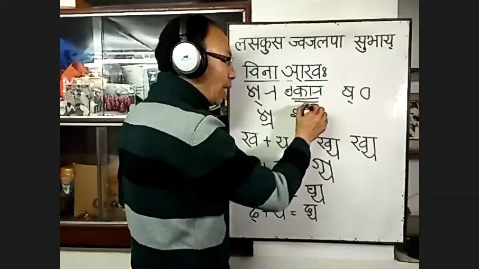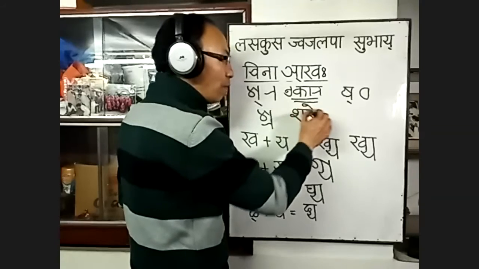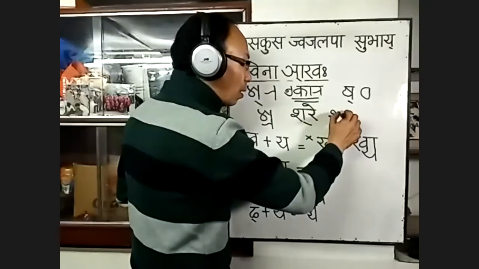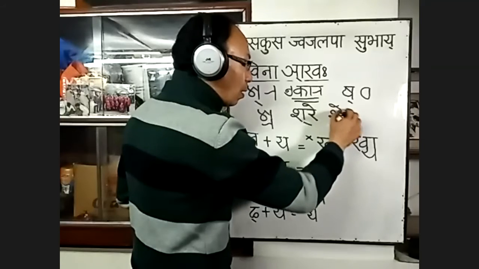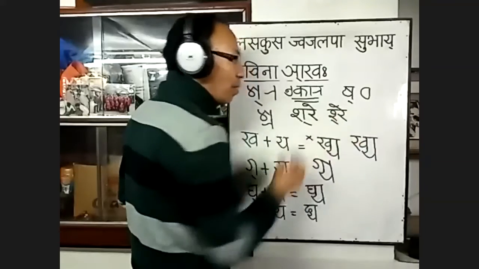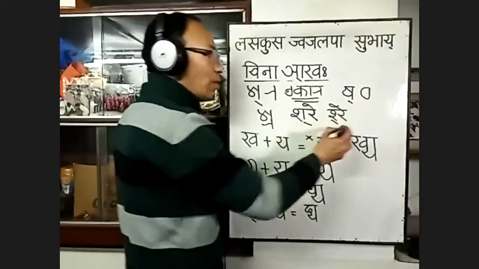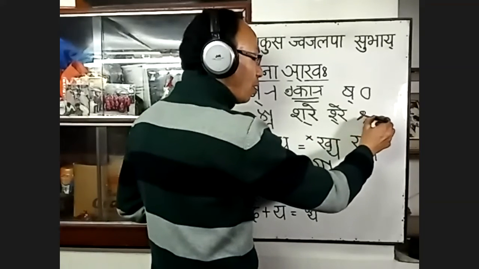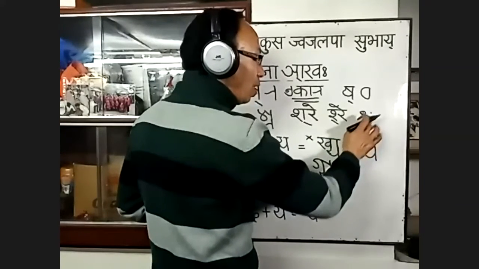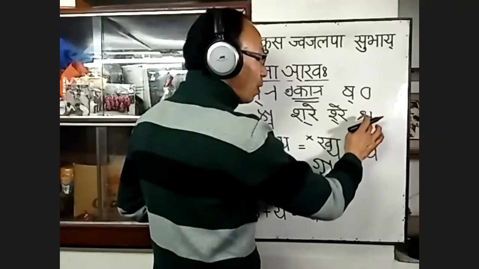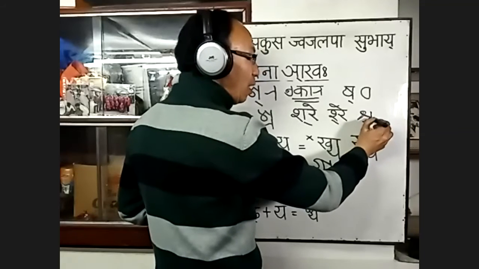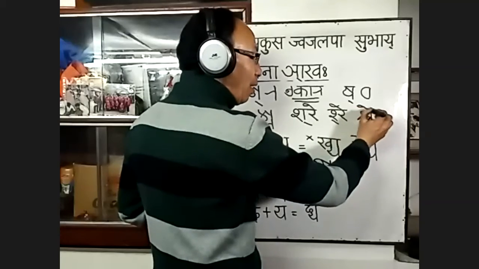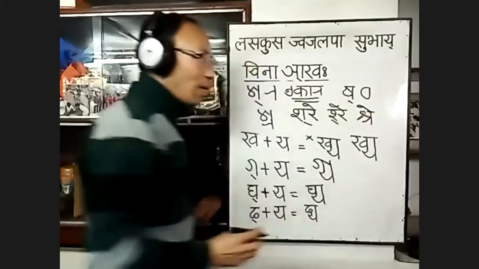And when you write Re, you usually give Re here. This is the letter in Devanagari actually, but this Sha is written like this, and this Ra is added here, and the ekar lies here. So this is how it is written.